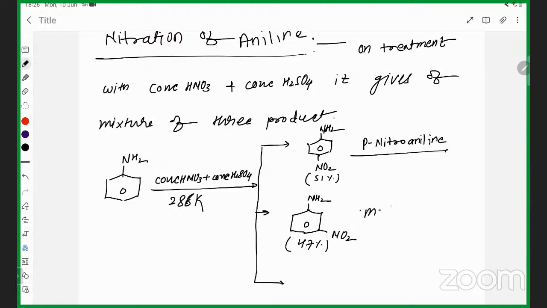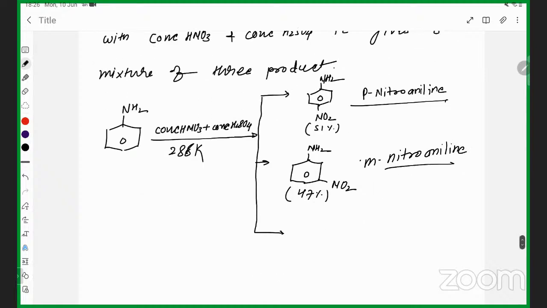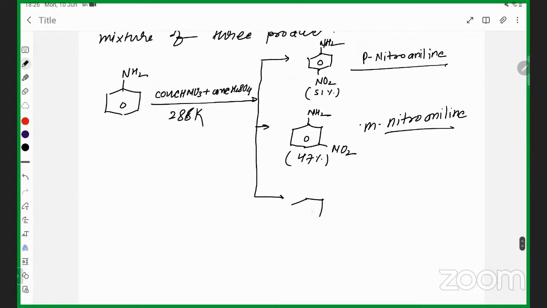That is meta nitroaniline. And the last one is ortho nitroaniline: this is the NH2, here is NO2, so it is 2% only.